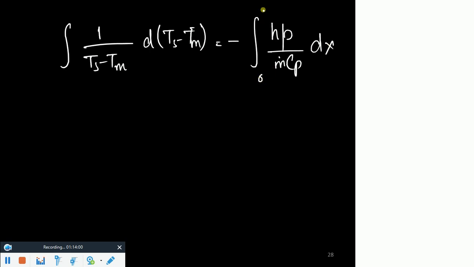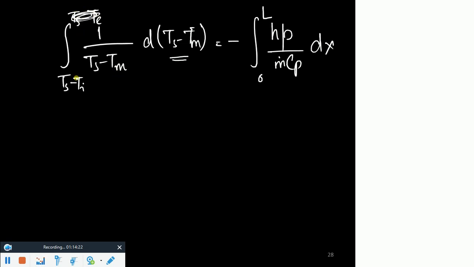And you can move from 0 to L. What should be this value? Because it is Ts minus Tm, this should be from Ts minus Ti to Ts minus Te. I mean, you can integrate it.